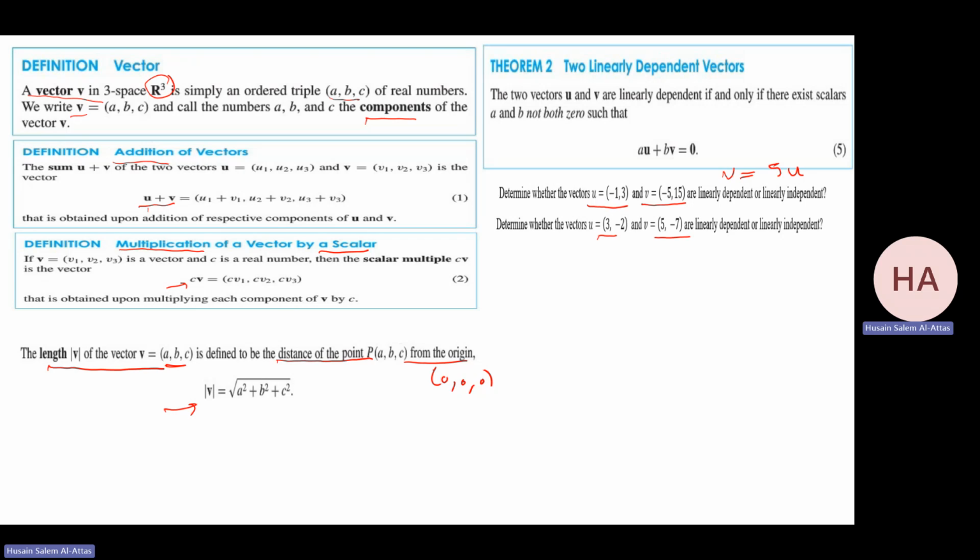So if you have two vectors, it's easy to figure out. But we want a way so that we can generalize it. Because just looking at the vectors and seeing a scalar multiple of the other one is easy for two vectors, but if it's three, four, or five vectors, it will be very complicated to check.